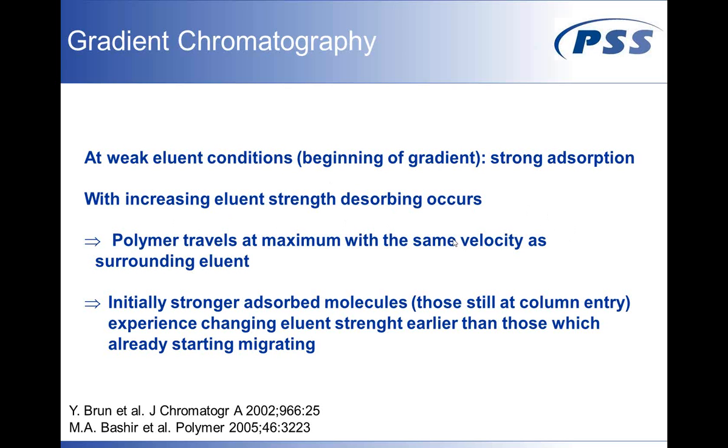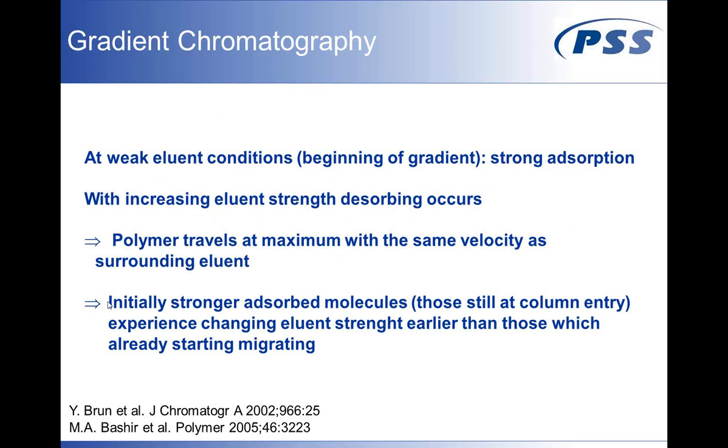So the critical conditions correspond to the point where your polymer migrates through the column with the speed of the surrounding solvent. That is the maximum speed your polymer might have, because if you come from adsorption, you cannot run faster into the size exclusion mode. At a certain point your polymer migrates with the same velocity as the solvent and not faster, and so you cannot reach over into the size exclusion mode in gradient chromatography.